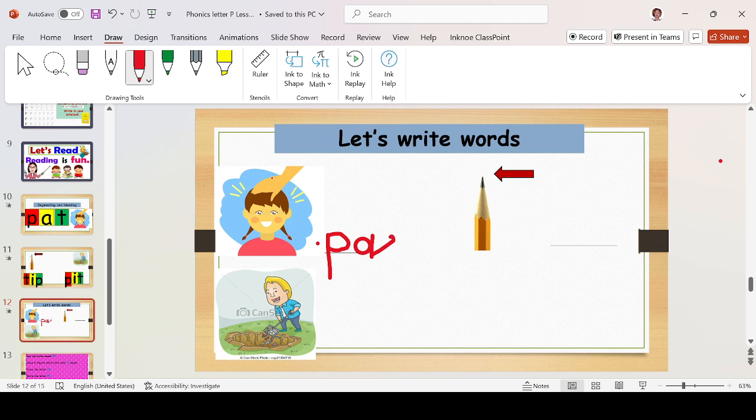Oh my goodness. Let me take the eraser and erase this one. This one is wrong. Okay. Then we'd write our T. But your letters should be nice, okay? Mine is not nice because I'm using my finger, and this one is tip. You need to write nicely, don't follow Miss Rati.